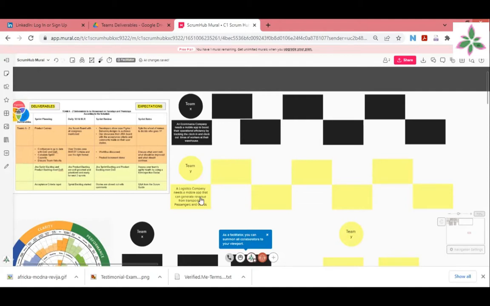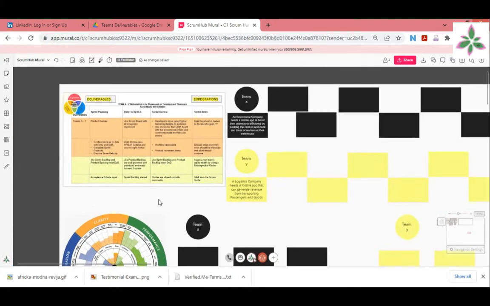So these are the metrics that we're going to judge them by as the audience. I can see that we have a lot of participants on the mural board. So please feel free to use the mural link that was posted on the Scrum Hub chat so that we can have full anonymous participation and they can get the best out of this session. These are the parameters I will be judging them by.